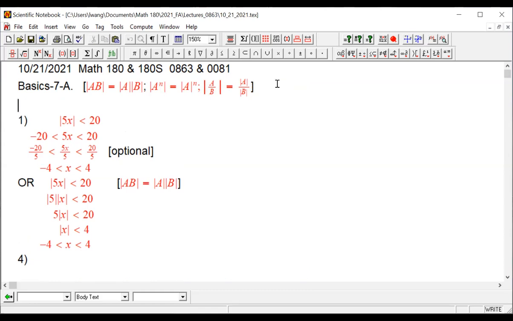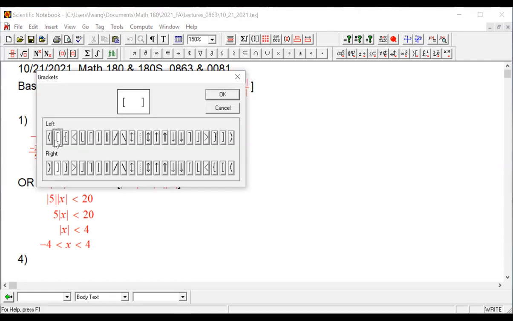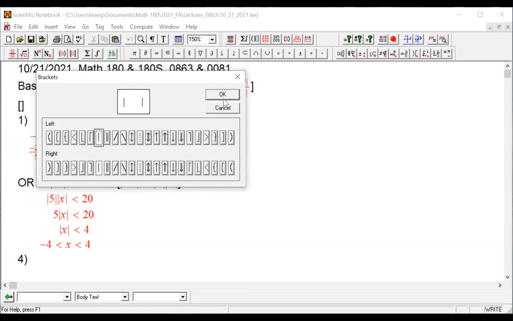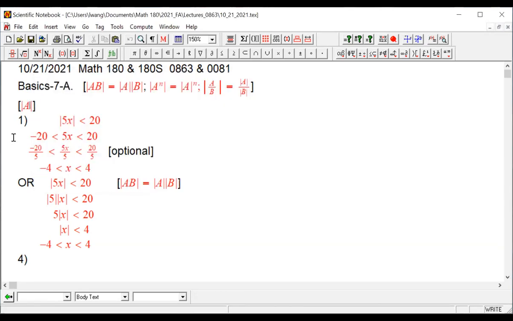Also we should review some other properties, just in case you may not have remembered or understood. When we take the absolute value of a sum, and this is wrong.